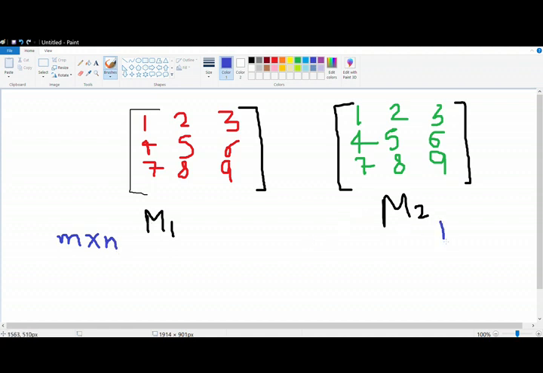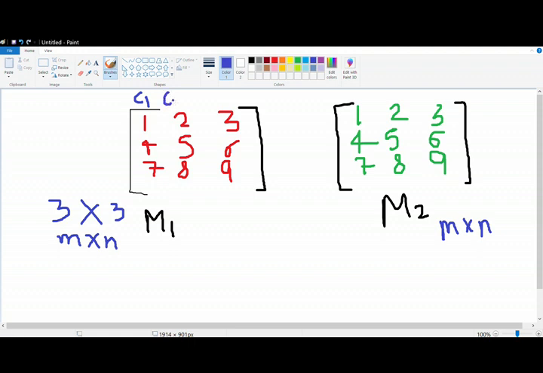The same thing is followed for all matrices in the world: m into n. Okay, so m into n means rows and columns. So this matrix consists of three rows into three columns.